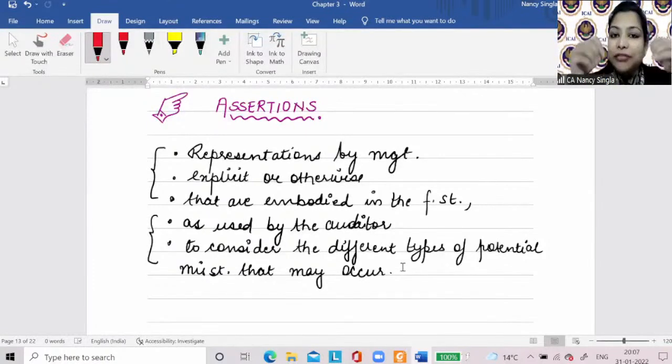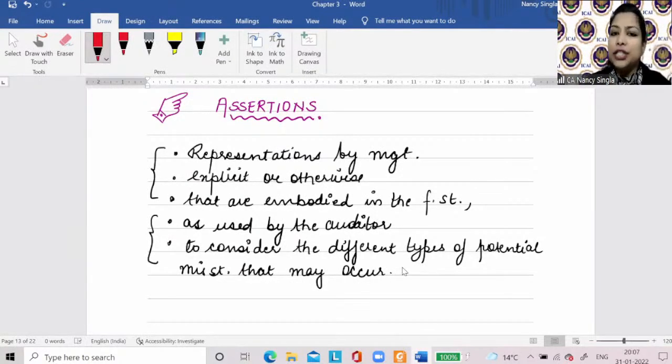The financial statement is prepared with the help of various financial information, or I can say various assertions. Now, unless I as an auditor am sure about each and every assertion, I cannot give my opinion on the financial statement as a whole.